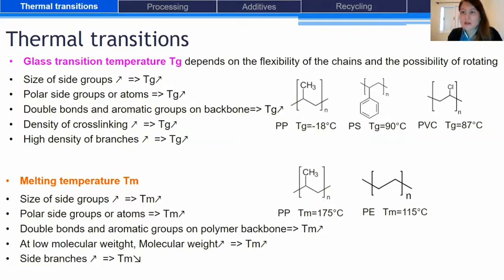In fact, there are some segments of the amorphous region that will be more flexible and will gain mobility at a lower temperature, and other parts at a slightly higher temperature. So the glass transition temperature represents an average temperature for this transition.